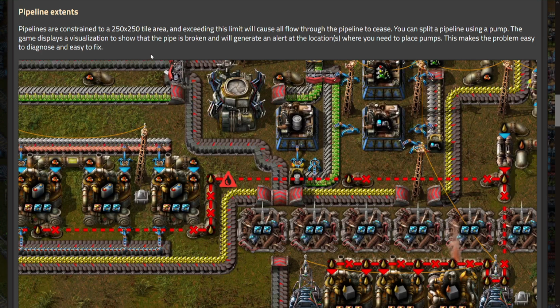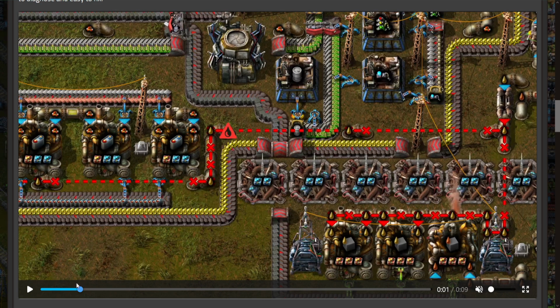And if any pipe system is longer or bigger than 250 by 250, it will stop and show these warnings. And this also foreshadows the pipe visualization already. I can show that in a moment. This is actually a video. And the solution would be to place pumps in these locations, but you can see that in a moment.